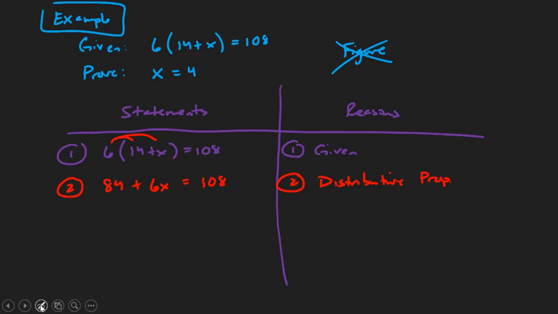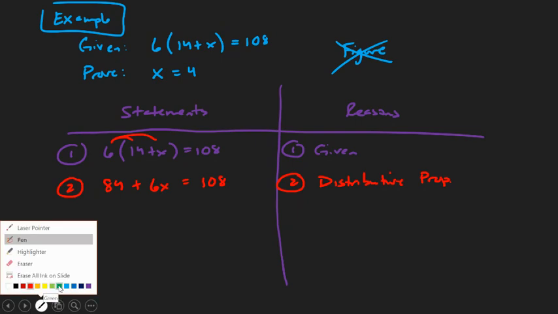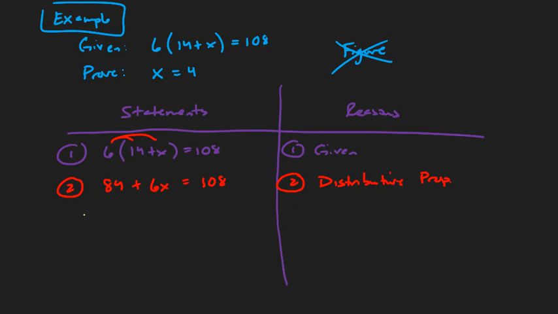Okay, now, when it comes to these proofs, we typically don't show our work, but I will write small underneath the equation. So next step, right, I want to get x by itself. We need to move this 84 to the left. So it's a positive 84, so we're going to subtract 84 on both sides. So I'm doing it really small. So my third step is going to be the resulting equation.